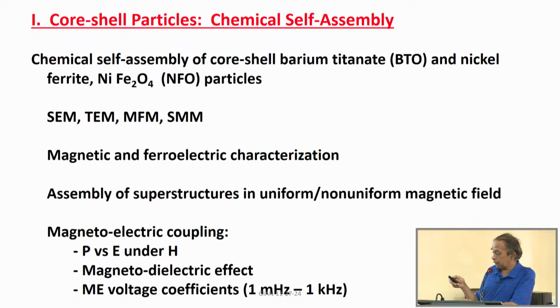They were also characterized with magnetic and ferroelectric measurement techniques, and we assembled these coarser particles into superstructures in a uniform or non-uniform magnetic field. And of course, you have to study the nature of the magnetoelectric coupling. For that, we use P versus E under H, the magnetodielectric effect, that is the change in the dielectric constant when you apply a static magnetic field, or also the ME voltage coefficient.